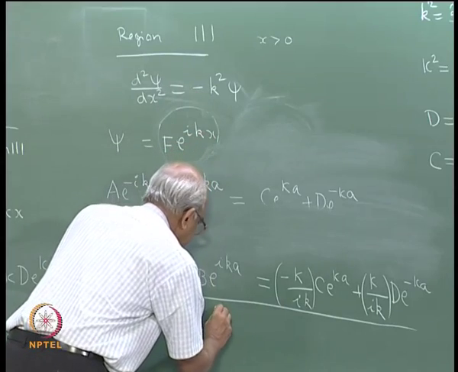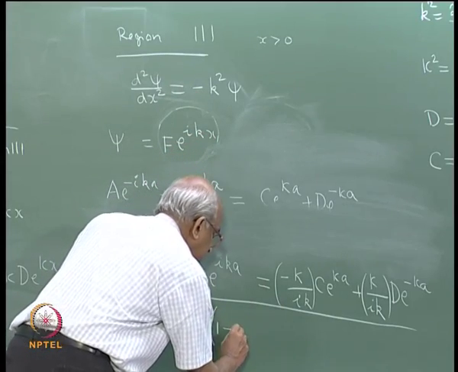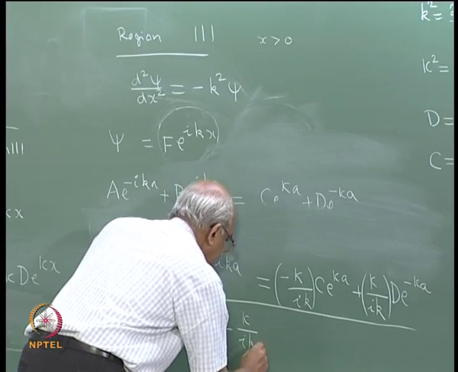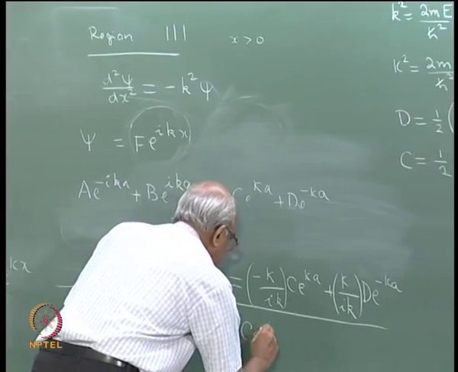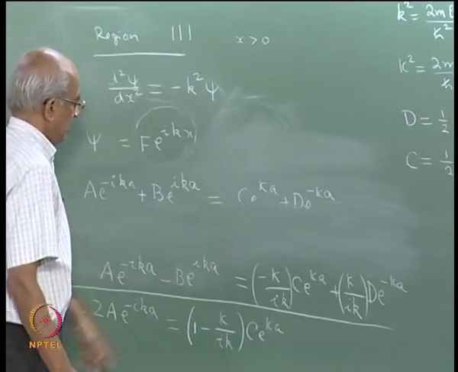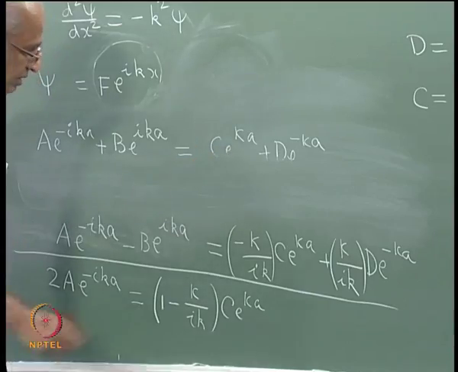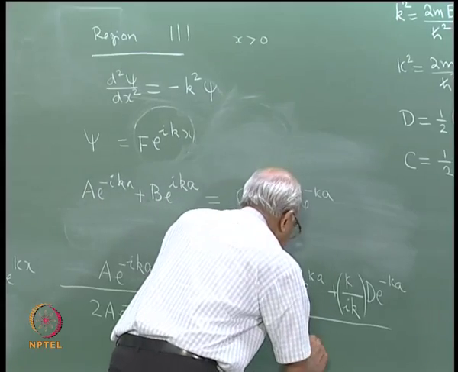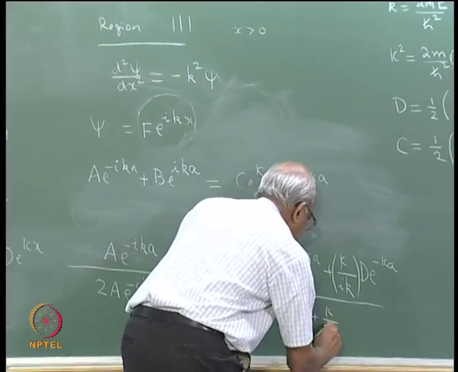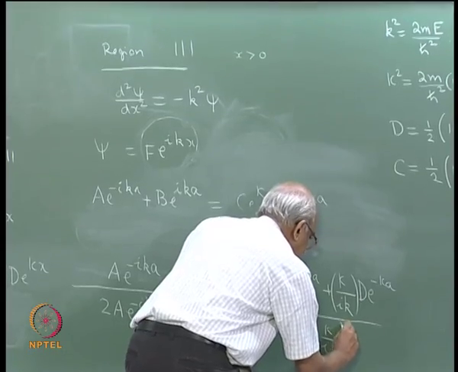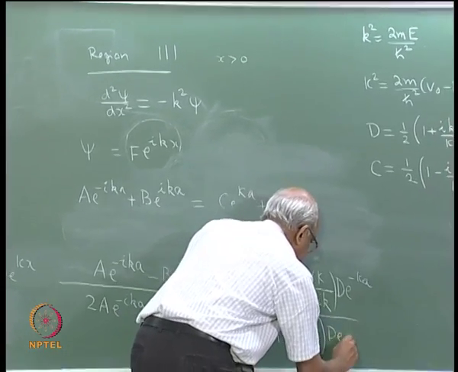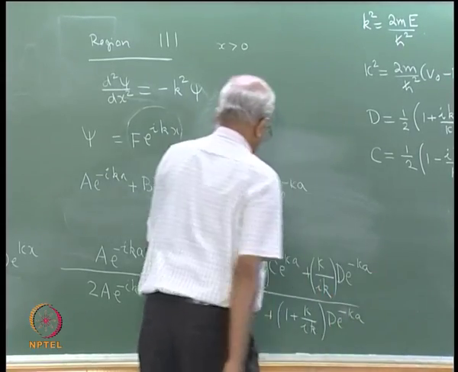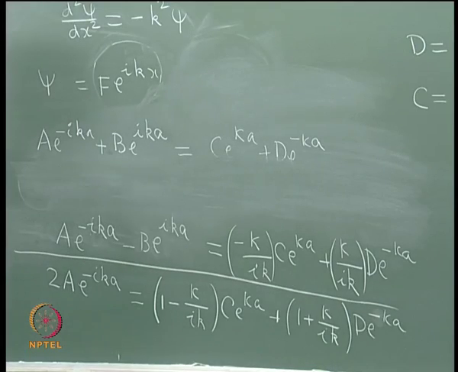The result, let me just write down, you can easily verify that this is true: 1 minus kappa divided by i k into c e to the power of kappa a, that is obtained by the addition of these two, plus 1 plus kappa divided by i k into d e to the power of minus kappa a. That is the result.